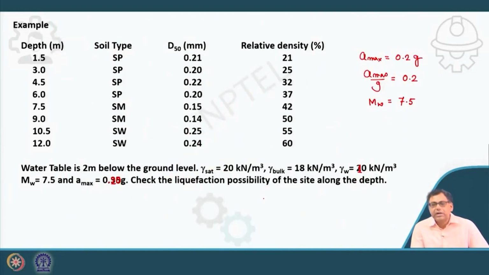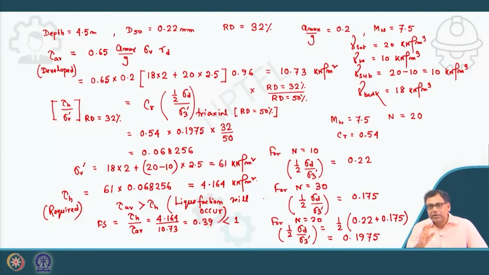If you know the relative density, you can get this value. But in the actual field condition, liquefaction is not only a function of relative density. So it is better to use the field test data to check the liquefaction susceptibility of the soil, or whether liquefaction will occur or not.